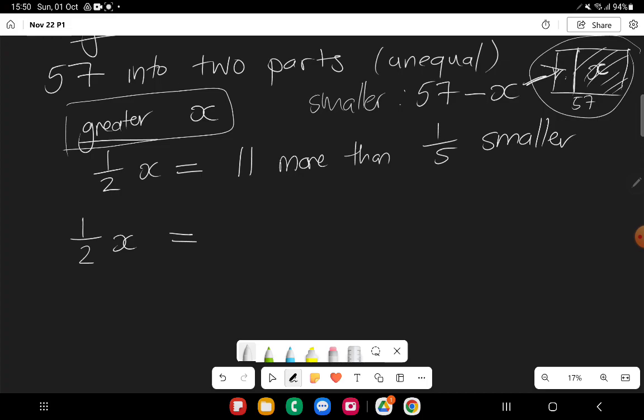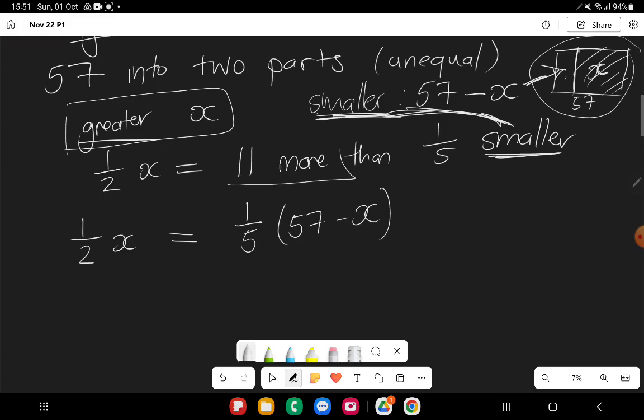So now on the left-hand side, I have the greater part, a half of x. This must be equal to 1/5 times 57 minus x, which is the smaller part. So I replace the smaller with 57 minus x, and then 11 more, I say plus 11. Agreed? Now it's simple. Now all you're going to do is solve for x.